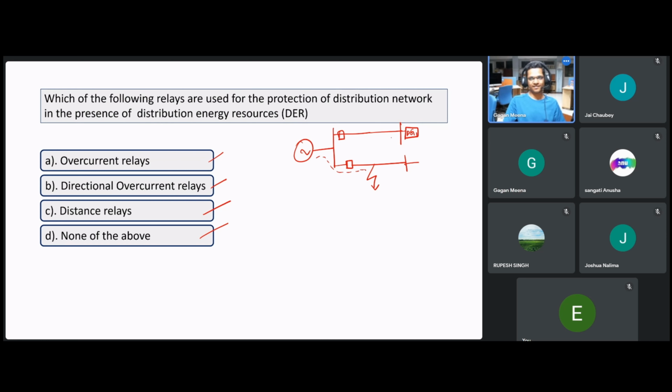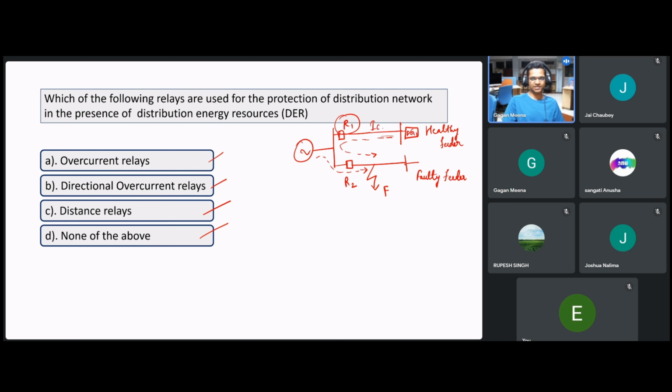If there is a fault, this generator is also feeding, so both are feeding. This is relay R1, this is relay R2. This is the faulty feeder, and this is the healthy feeder.